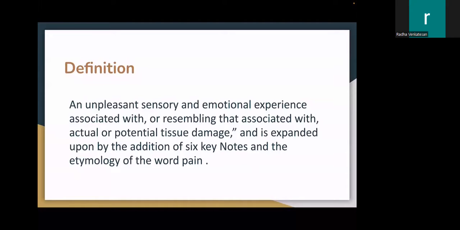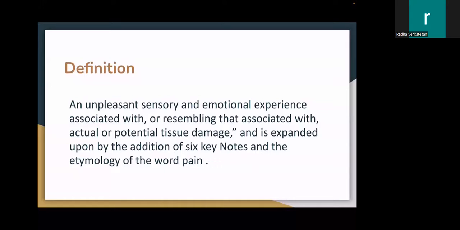What is the actual definition? Pain is an unpleasant sensory and emotional experience associated with or resembling that associated with actual or potential tissue damage. It is also expanded upon by the addition of the 6 keynotes, along with the etymology of the word pain.